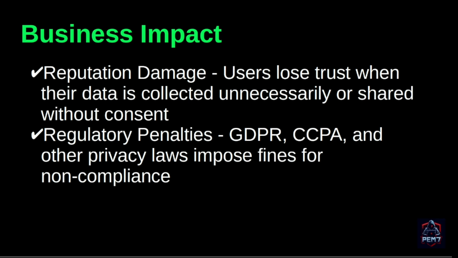Mostly you'll face regulatory penalties, where privacy violations result in substantial fines: GDPR up to 20 million euros or 4% of annual global turnover, CCPA $2,500 per violation, or $7,500 for intentional violations, COPPA up to $43,280 per violation for children's privacy, and HIPAA up to $1.5 million per violation category annually.